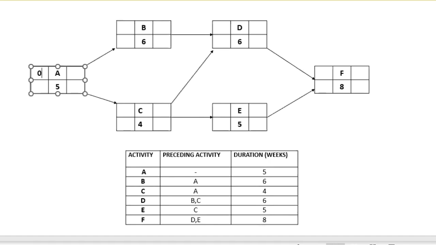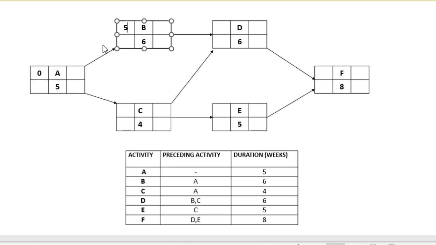Earliest start time for A. So let's look at B now. What is the earliest start time for B to start? Now, A is going to take 5 weeks. So B can start at 5 weeks. That is the earliest start time, right? 0 plus 5 gives you 5 weeks. That's the earliest start time for B.